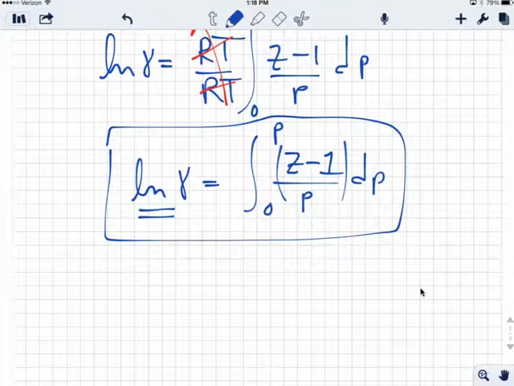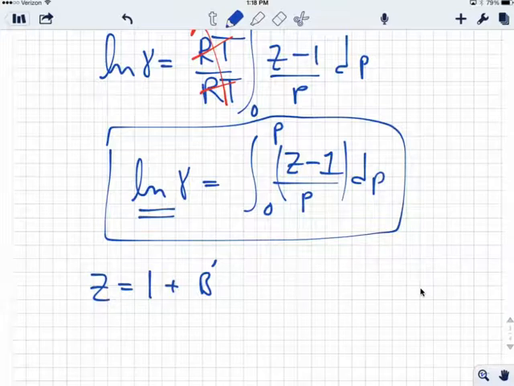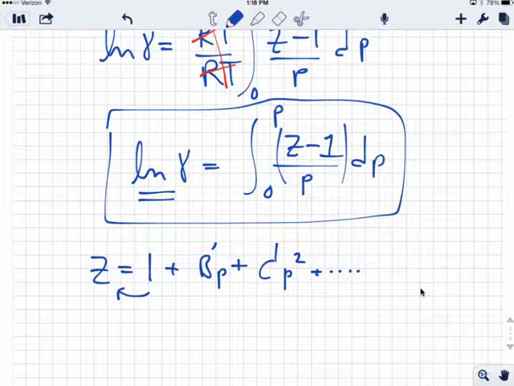If you remember an example for compressibility being Z equals 1 plus B prime times pressure plus C prime pressure squared, and so on, we can move the 1 to the other side, and you'll have Z minus 1.